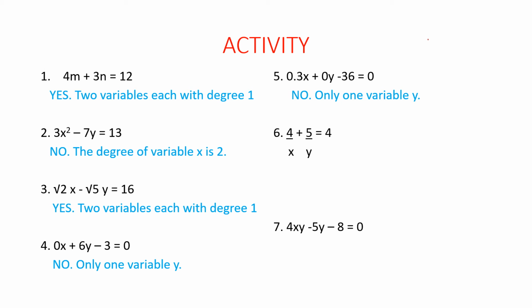bring this x up, according to the rule of indices, we have learned this in the 7th standard, 1 upon a raised to minus 1 is going to be equal to a. When this will go up, its sign will change and it will become a raised to 1, right?